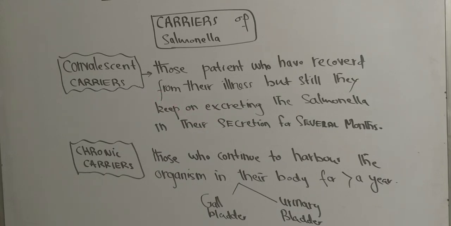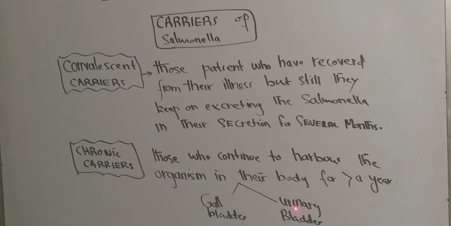Now, there is another group of carriers which we call the chronic carriers. These are the ones who continue to harbor the organisms in their body for more than a year. There are two very famous places where these organisms live. In the majority of cases, the gallbladder is holding the organism, and these cases do develop gallstones as well.